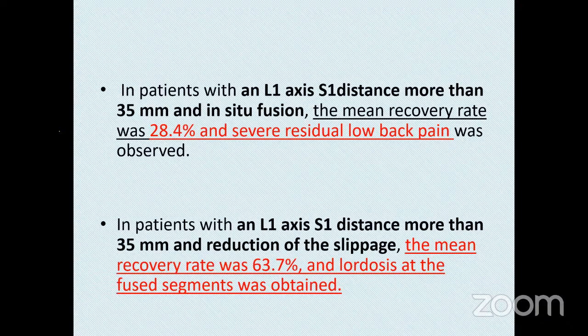But if you reduce the same thing by putting a cage or doing a reduction maneuver, then the same patient is going to have less residual back pain. So the point is, if you decrease the distance of the L1 with respect to S1, automatically the chances of post-operative residual pain, post-operative residual difficulty, that reduces.